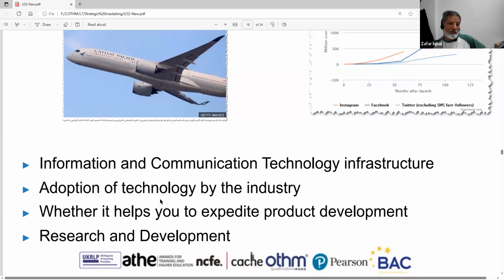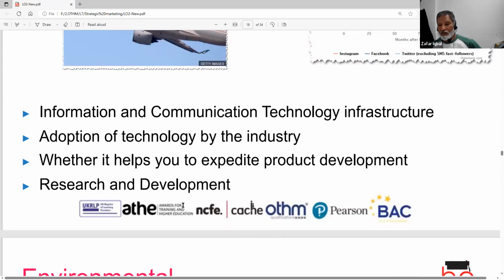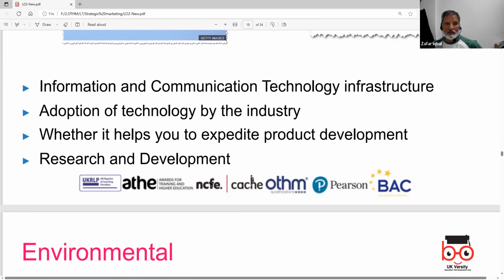If they are doing some research and development, this will have implications for the industry and the organization, and it will have a good effect on them. Otherwise, if you don't keep up with the development of information technology, the organization will suffer. So this is a very important factor to take into consideration.